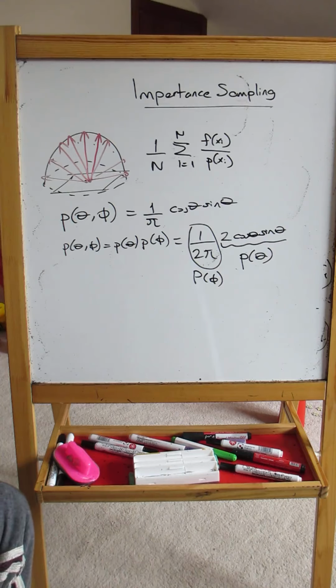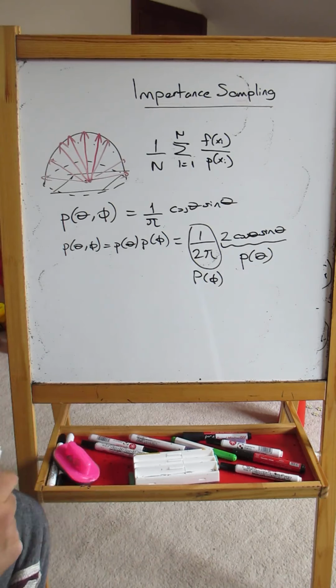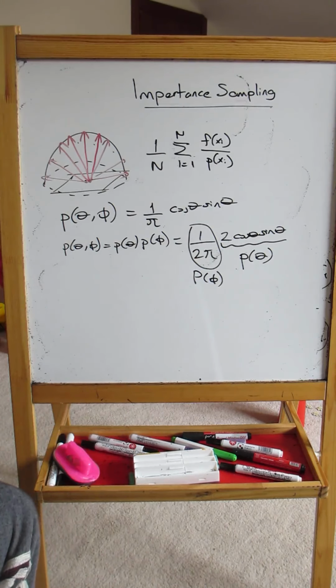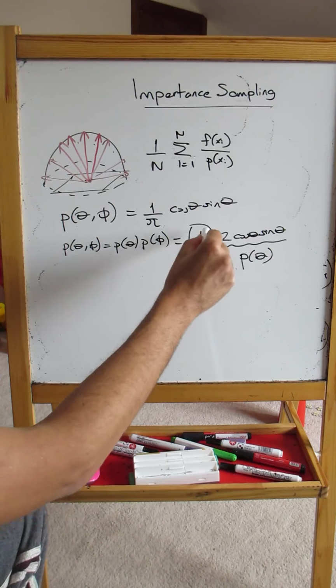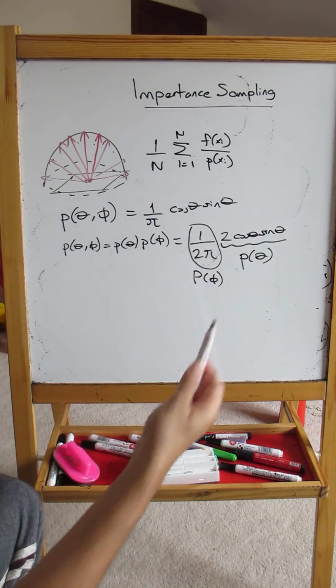What this means is we have separated the joint density into a multiplication of individual density functions, and this can be done by using this trick. We put 2 in the denominator and 2 in the numerator. They cancel out each other and both become PDFs. The important thing to note is that each integrates to 1 in its own domain.